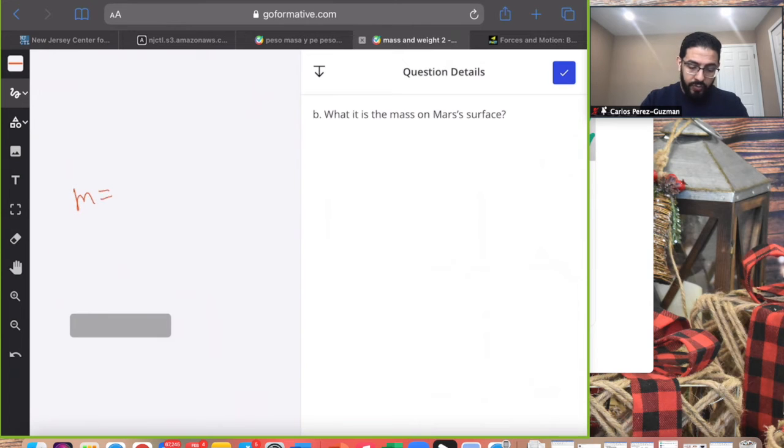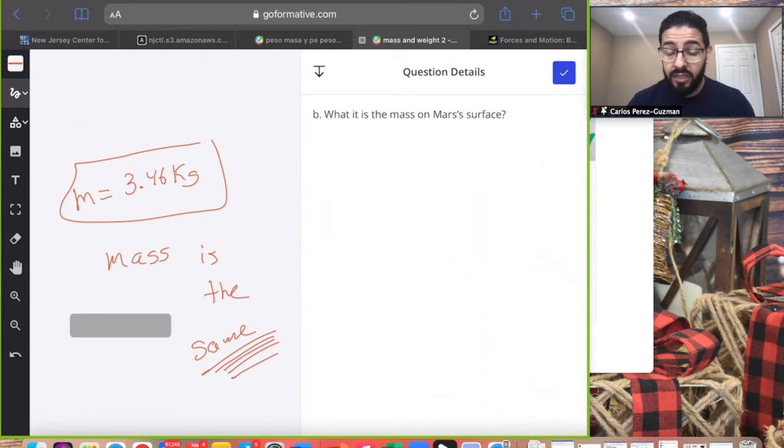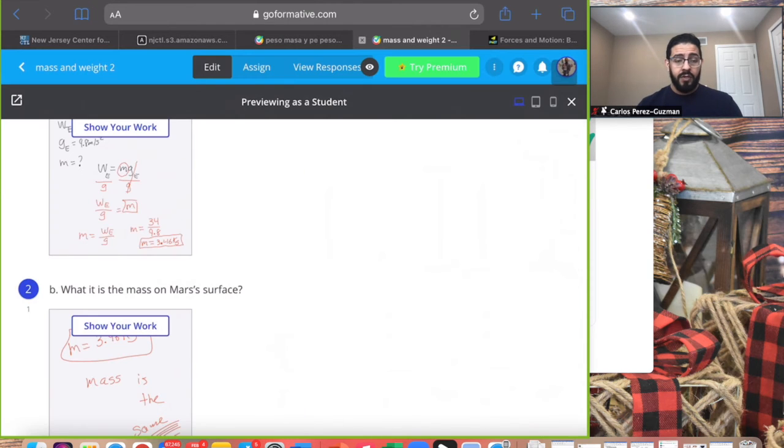The mass of the object is 3.46 because the mass doesn't change. That's why you don't need to do anything. The mass is going to be the same. This is the answer for letter B. Most of the students will try to find an answer, but you don't need to find anything because it's the same.